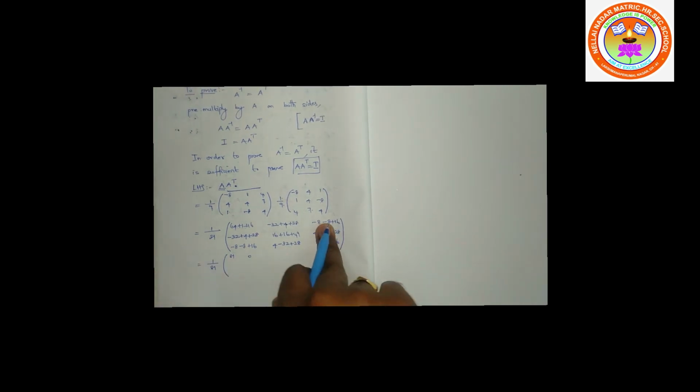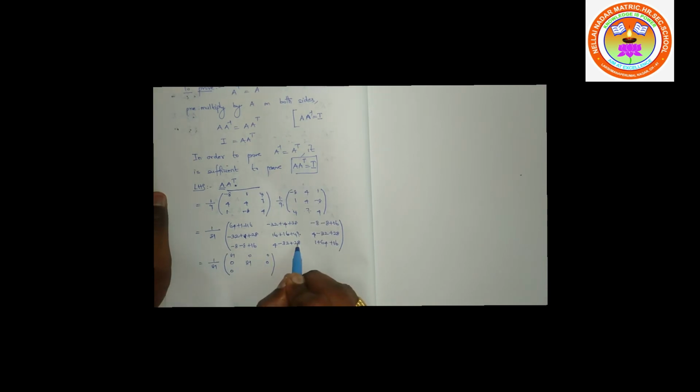Minus 8 plus minus 8 gives us minus 16, minus 16 plus 16 gives us 0. 28 plus 4 is 32, minus 32 gives us 0. 16 plus 16 plus 49 gives us 81.